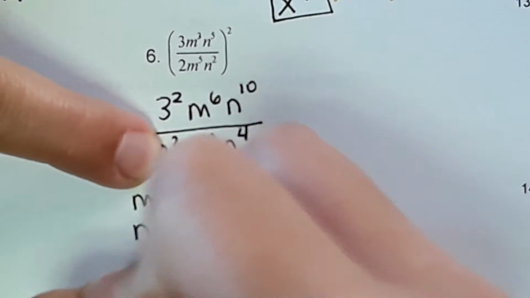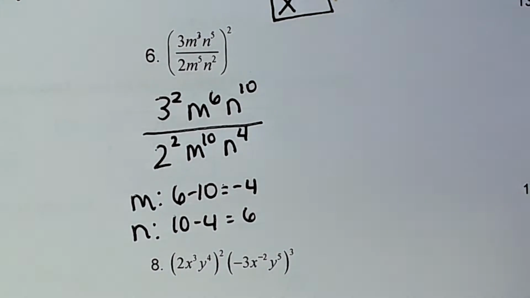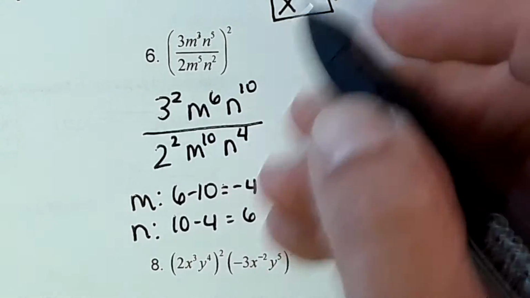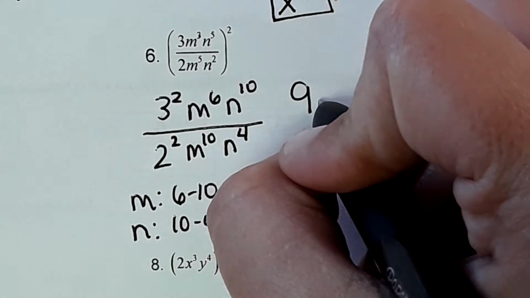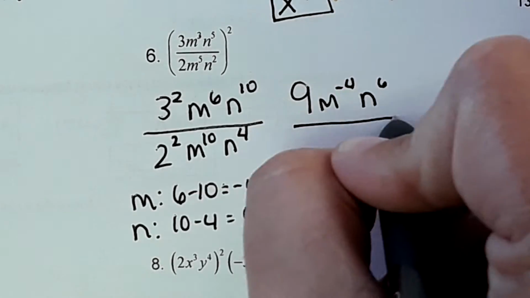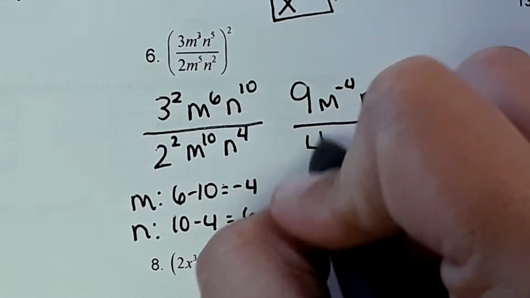And then for n, we can do 10 minus 4 to get 6. So I'm going to continue writing this out. So 3 squared, 3 times 3 is 9. Then we have m to the -4th, n to the 6th, over 2 squared, which is 4.